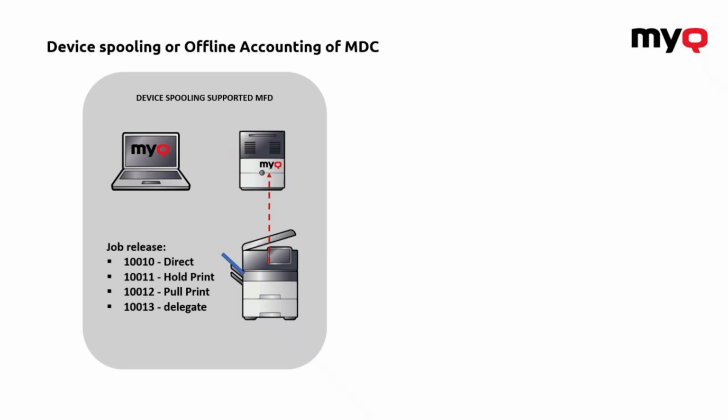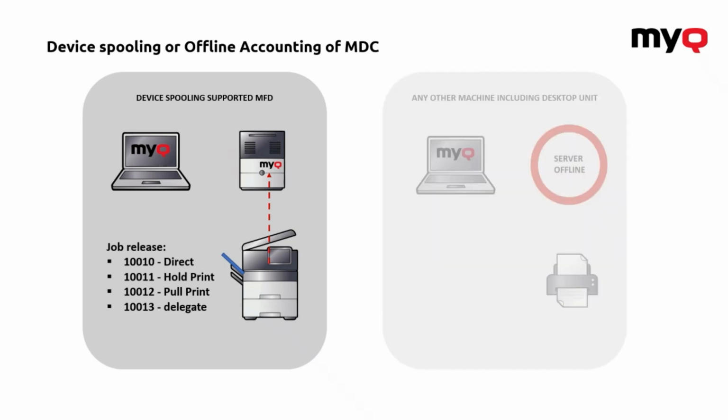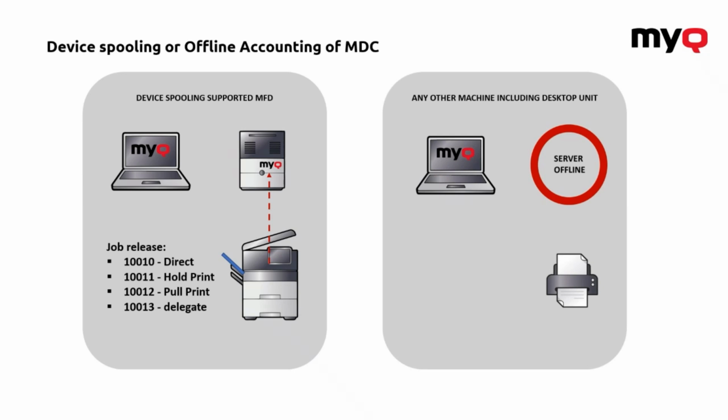The other option for accounting, which could actually be the more important one because it covers not only devices with the embedded terminal but also your desktop units, is the accounting through the MDC. We've mentioned that every job gets parsed, and that's also the situation here.